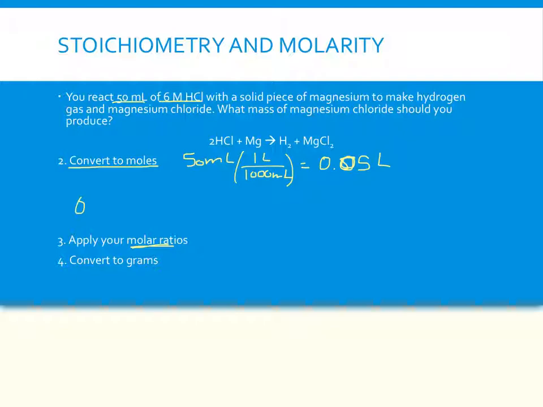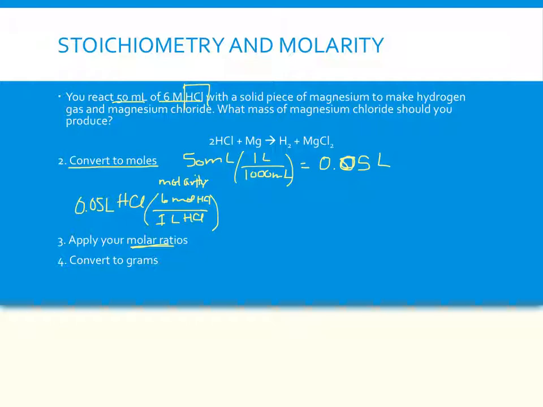And once I have my volume in liters, that's when I can start my stoichiometry. So I'm going to have 0.05 liters, and this was of the hydrochloric acid. And then what I'm going to do is use my molarity to convert this to moles. But it's going to look better if I split it up into that whole, since it's 6 molar, it's 6 moles HCl per 1 liter HCl.